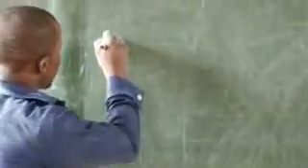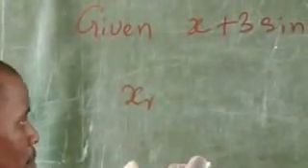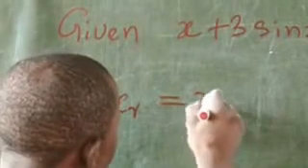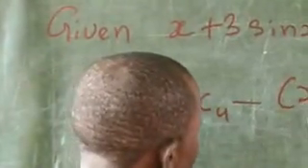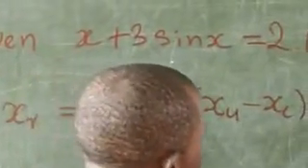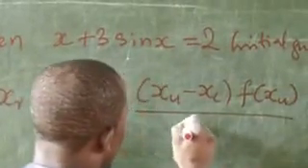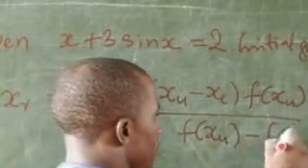Remember, also we have two formulas for xr. Let's write them again so we understand better. xr equals xu minus xl, f of xu divided by f of xu minus f of xl.